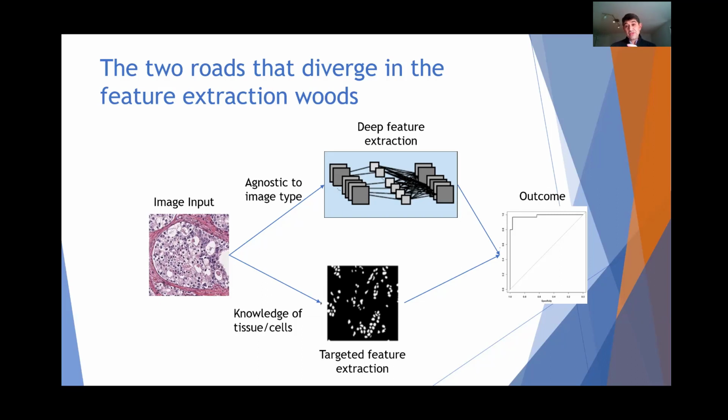Those features are then used to construct a model of your outcome. So one is agnostic, and the other is done with the knowledge of the tissue that you're studying, that it is cellular. The example that I'm going to show today from our data is really using this agnostic deep feature extraction method.